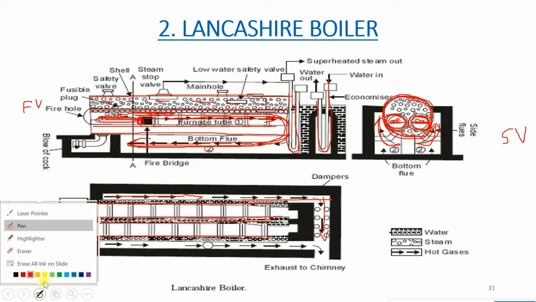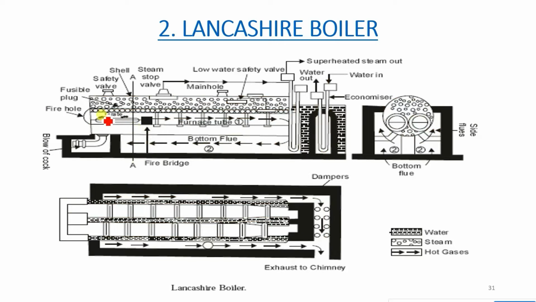On the grate, fuel is supplied and combustion is taking place. The flue gas formed through combustion moves in this direction. Ash also moves in this direction, but there is a fire bridge which prevents the movement of ash along with the flue gas.